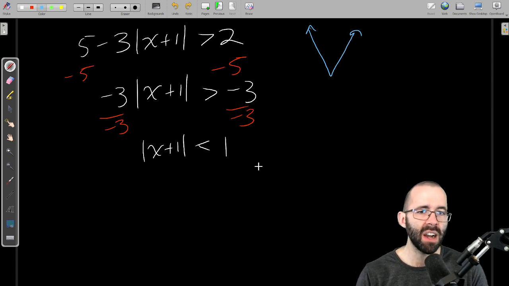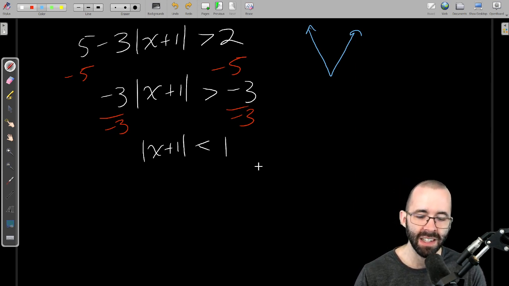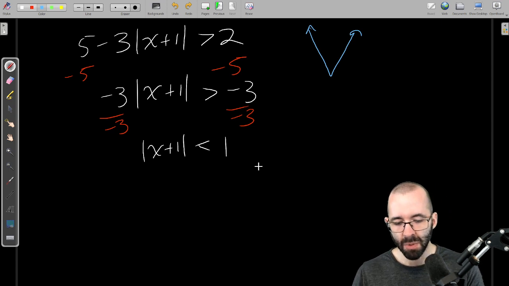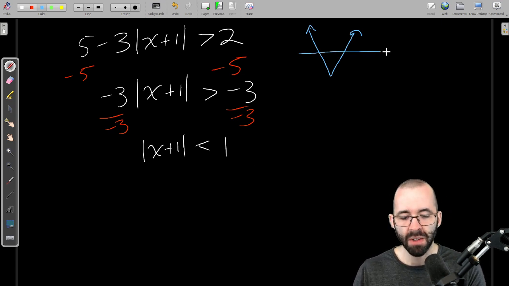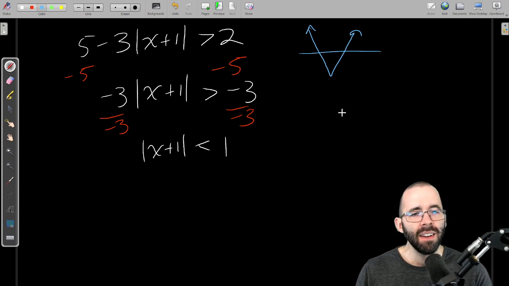But whenever we're isolating an absolute value, it's always going to be positive at the end anyway. And we're curious, when is that less than 1? Well, if we find the 2 points, are we going to be within the interval or outside the interval? We're going to have to be inside the interval, right?